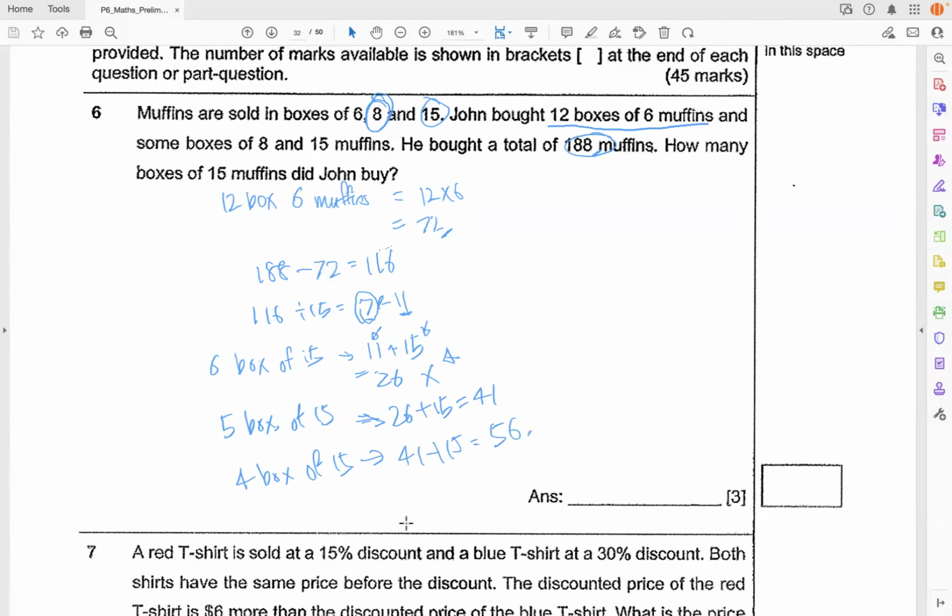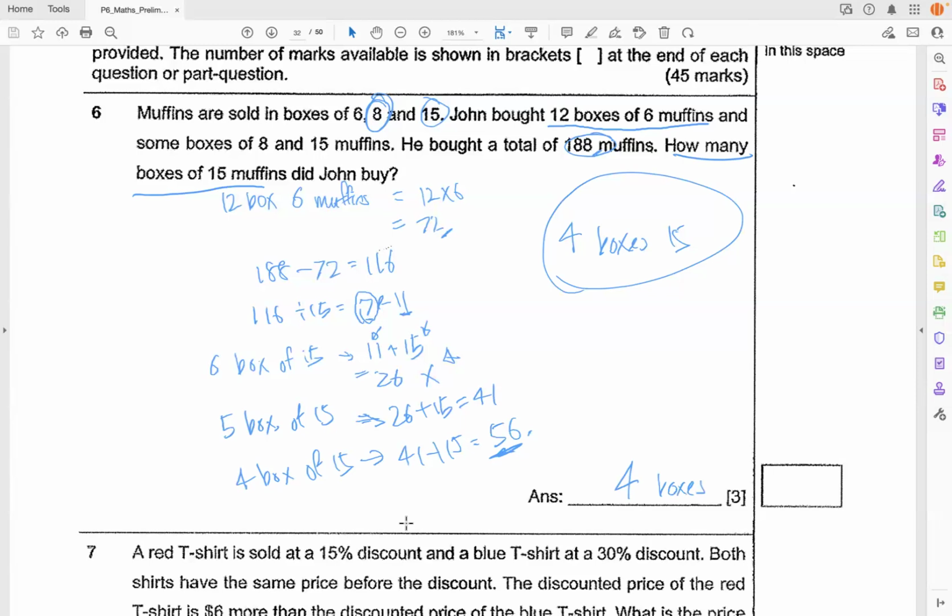So this is the 56 I'm talking about, right? So now it works. 56 can be divided by 8. So there must be 4 boxes of 15, because the remaining 56 are boxes of 8. So the answer is 4 boxes.